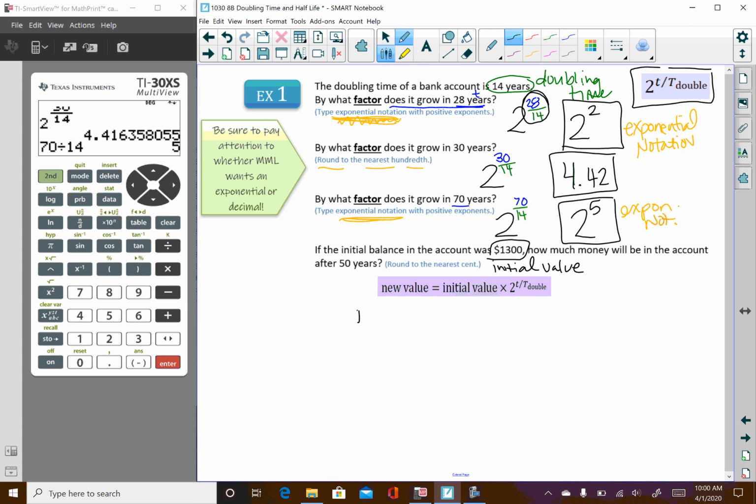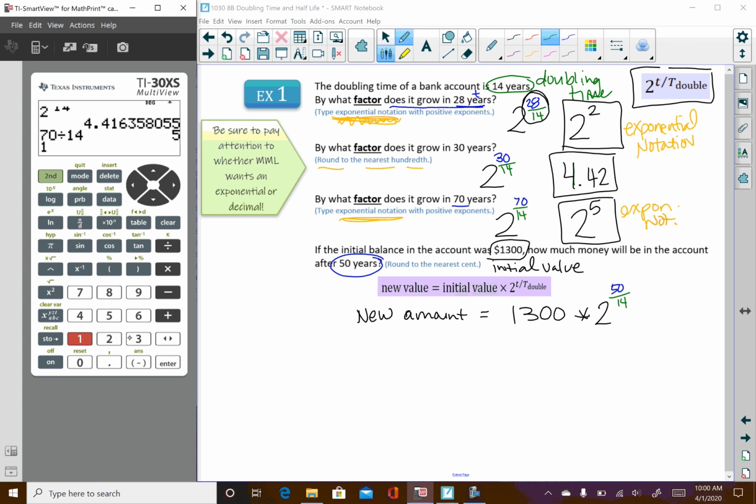So the new amount in the bank account is going to be that $1,300 multiplied by 2 to the power of, let's see, where's my time? 50 years divided by the doubling time, which is 14.